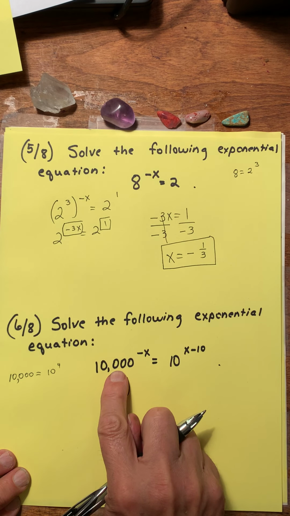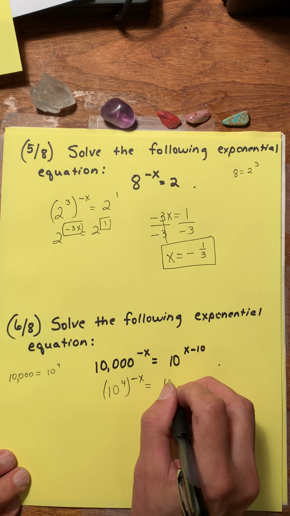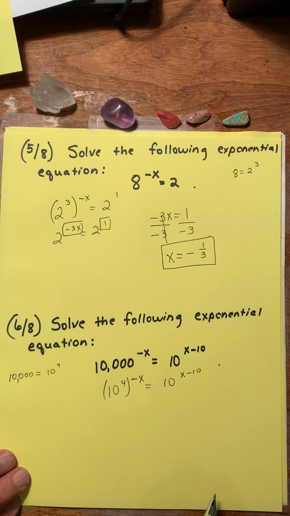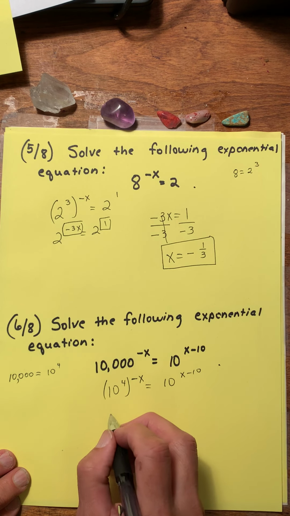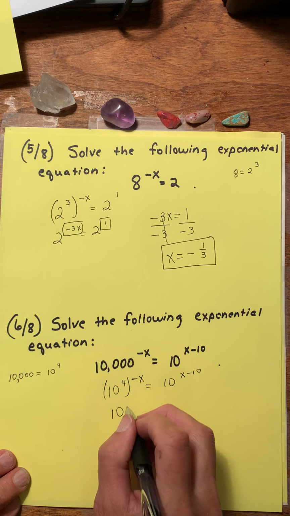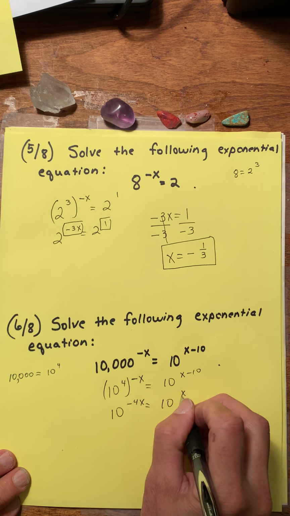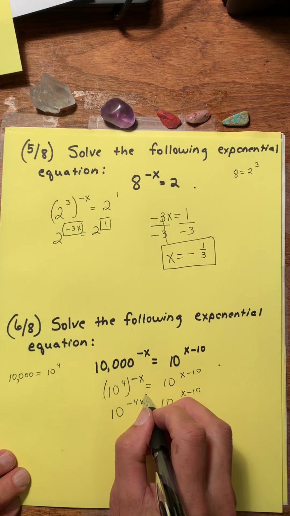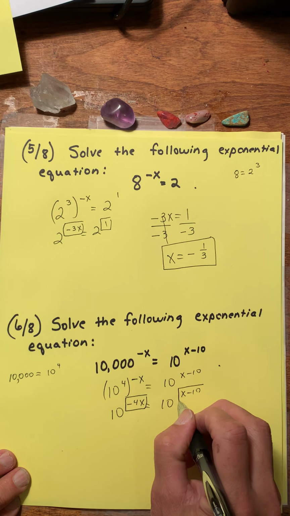Now remember, it's 10 to the 4th to the negative x power. It's equal to 10 to the x minus 10. Power to a power, multiply your exponents. 4 times negative x, negative 4x. Right, notice, same base. That means my two exponents must be equivalent.